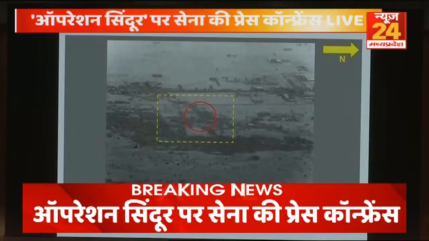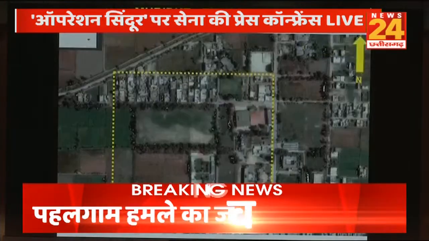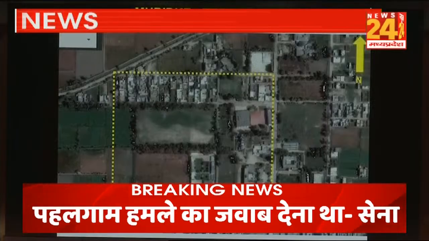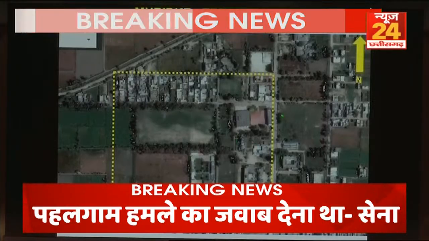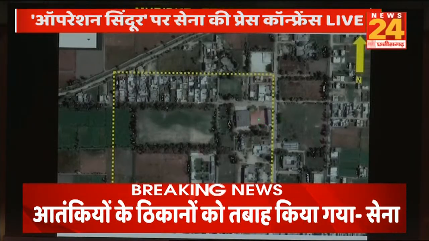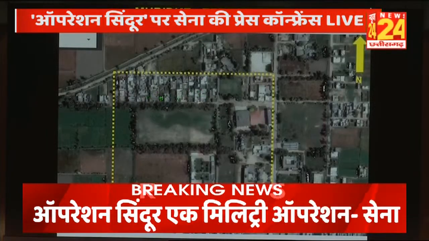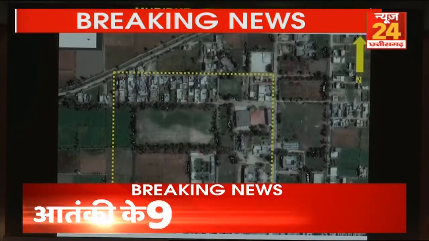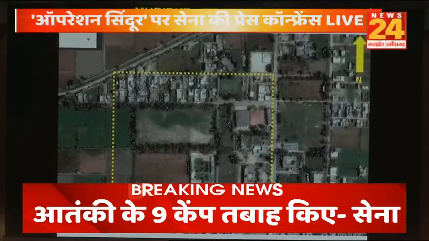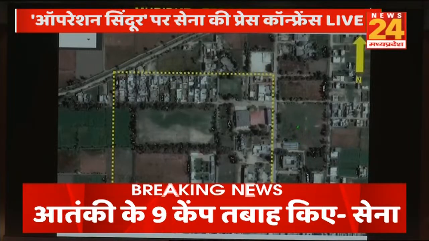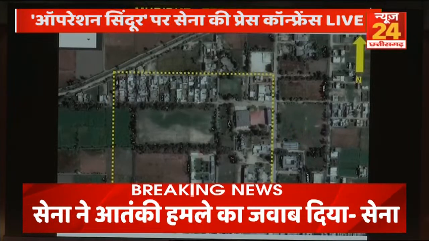Please have a look at this red building, the series of buildings out here, and this empty ground.